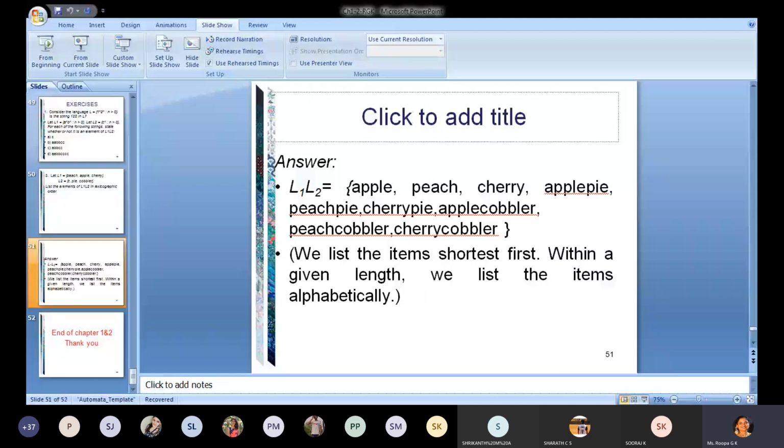Vaishnavi, yes, ma'am. Vijeta, present, ma'am. Vikram, yes, ma'am.